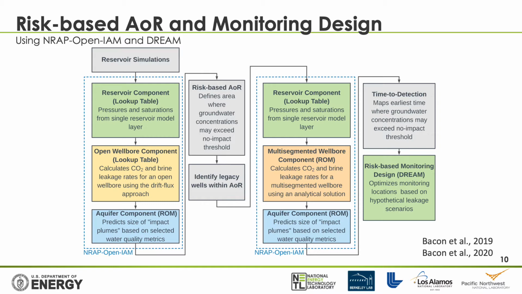First, using the open wellbore component and an aquifer impact component to determine a risk-based area of review. Then, after identifying legacy wells within the area of review, NRAP OpenIAM is applied again using the multi-segmented or cemented wellbore component to generate more conservative leakage scenarios to be used as input to DREAM for monitoring design.